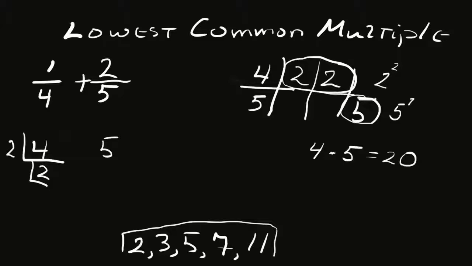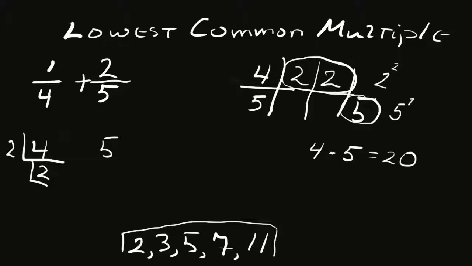So to come up with this, the way I remember this is you look at the prime factors of each number and in their biggest appearance. The biggest appearance of 2 is 2 squared. The biggest appearance of 5 is 5 to the first. And I use the phrase, when everybody does their best, you get the very least.